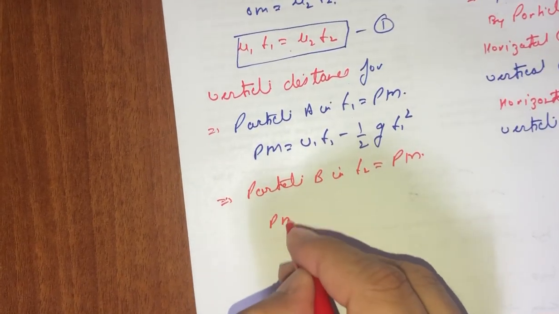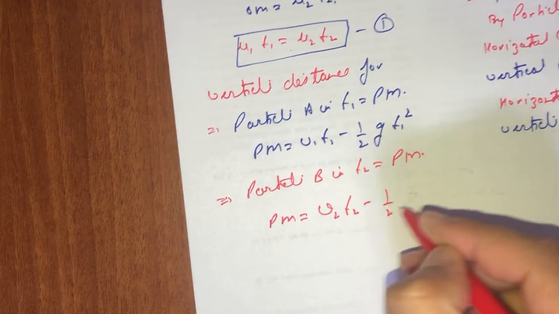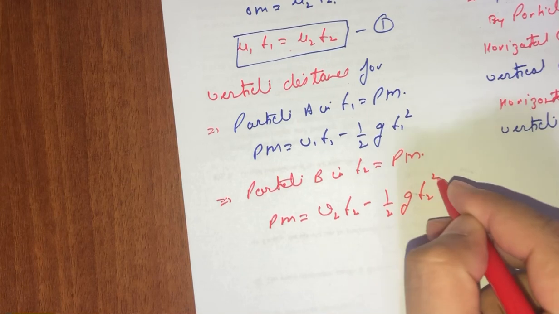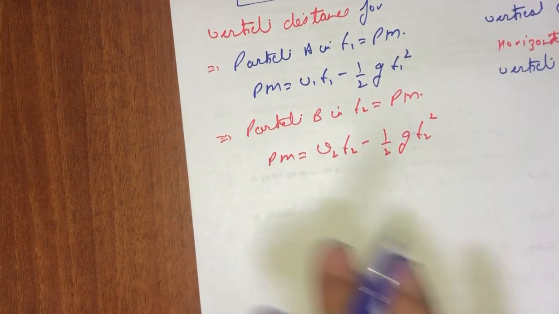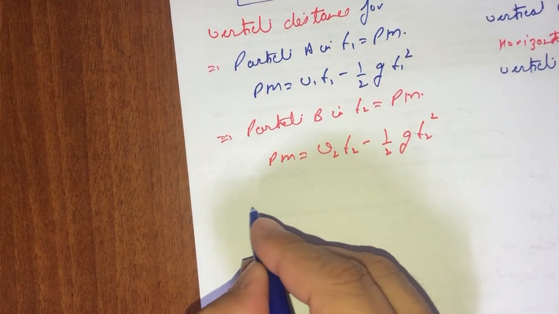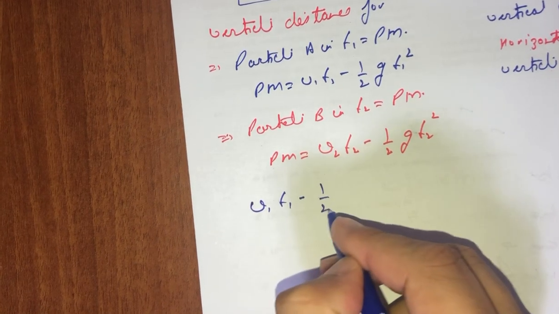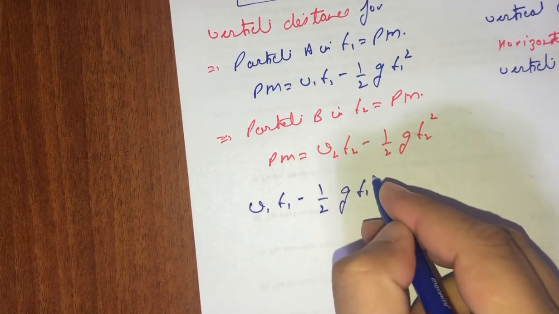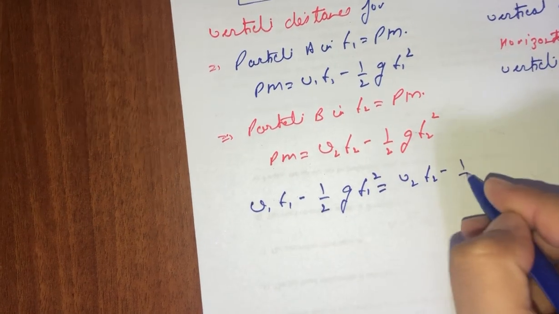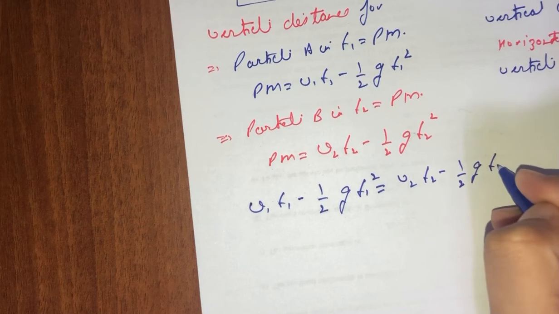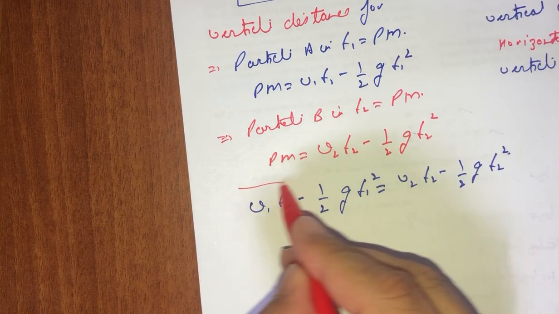So we can write PM is equal to v2 t2 minus half g t2 square. In this case also the left sides are equal, so we can equate the right sides, and it can be written as v1 t1 minus half g t1 square is equal to v2 t2 minus half g t2 square, and let us call this equation number 2.